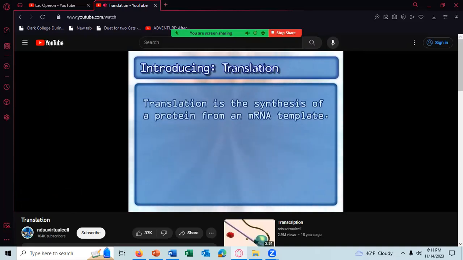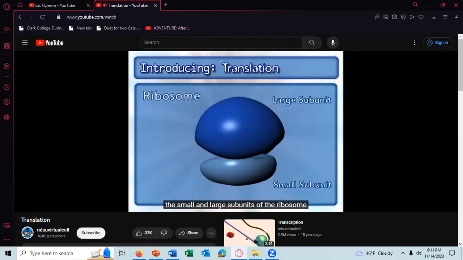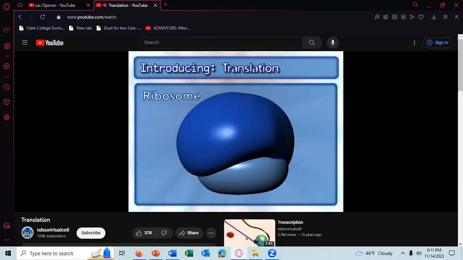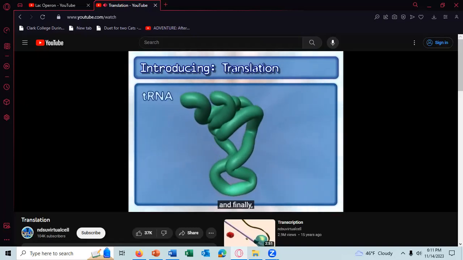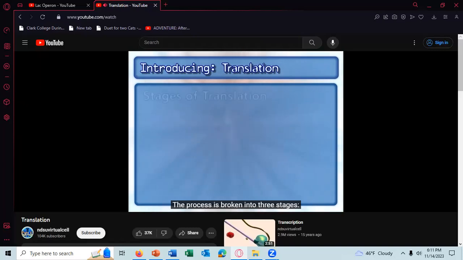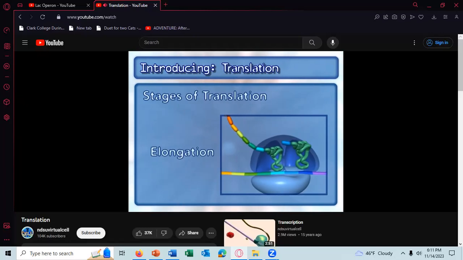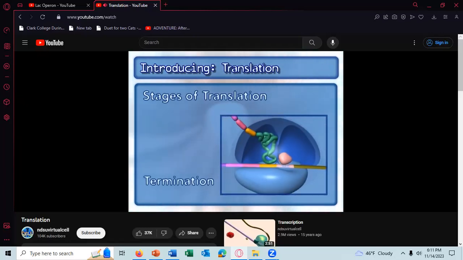Translation is the synthesis of a protein from an mRNA template. This process involves several key molecules, including mRNA, the small and large subunits of the ribosome, tRNA, and finally, the release factor. The process is broken into 3 stages: initiation, elongation, and termination.